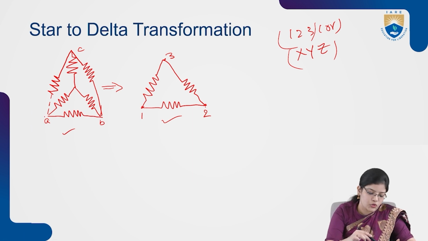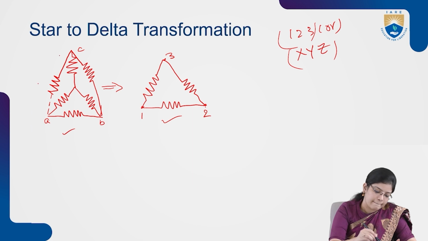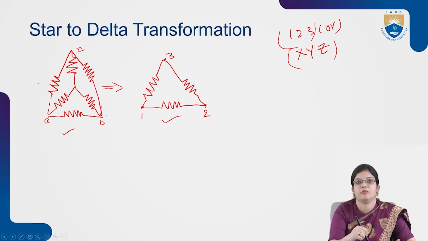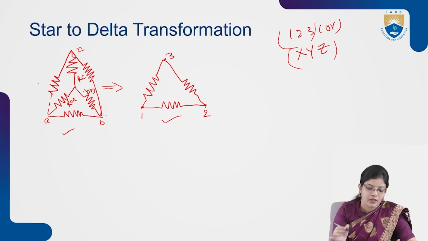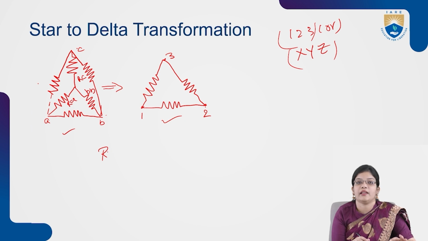So I'm joining these points A and C, C and B, and A and B, which is forming a delta network. So here is the delta network. Now we are taking the resistances RC, RA, RB. Now to convert this star network into delta network, first we should calculate for each terminal individually.